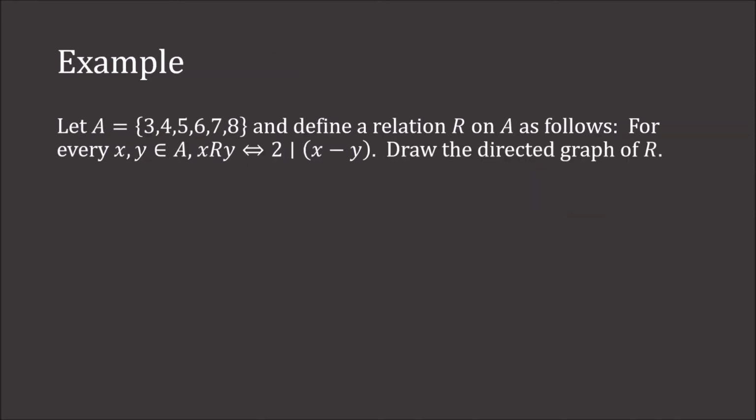And we'll look at that with this relation. So the set A is the set {3, 4, 5, 6, 7, 8}. We'll define a relation R on A as follows. For every x and y in A, x is related to y if and only if 2 divides x minus y. So we'll go ahead and draw the directed graph.